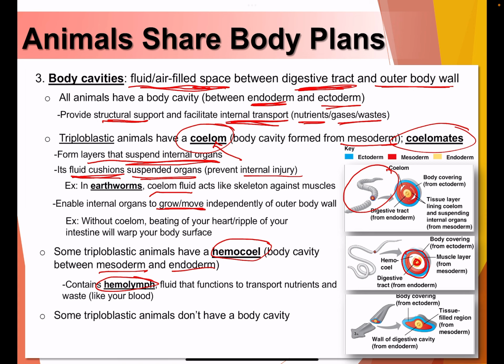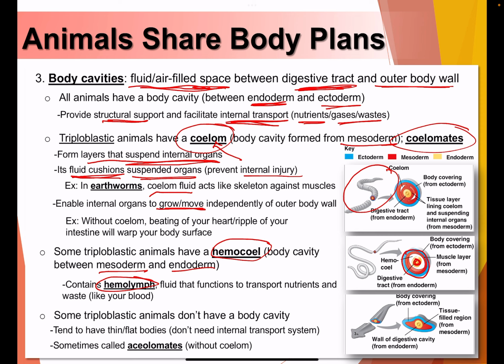And some triploblasts, lastly, don't even have a body cavity at all. They usually tend to have thin, flat bodies. That's why they don't have any body cavity, and they don't need one because they're flat. They don't need any internal transport system to let things go around their body. They just allow diffusion to happen because they're so thin and flat. Diffusion can easily cross a short distance, efficiently enough to supply the animal with whatever they need.